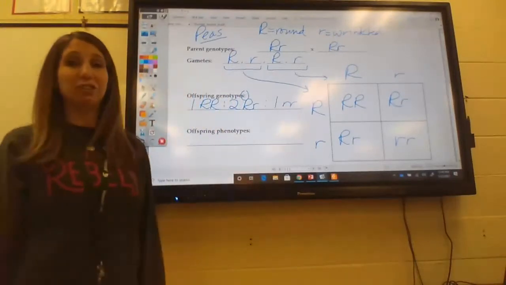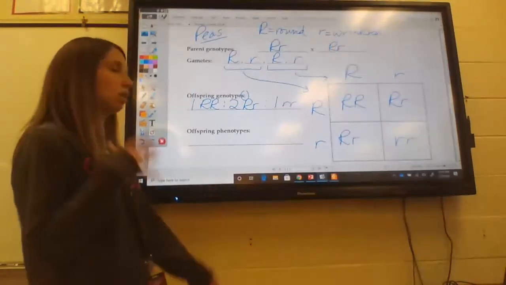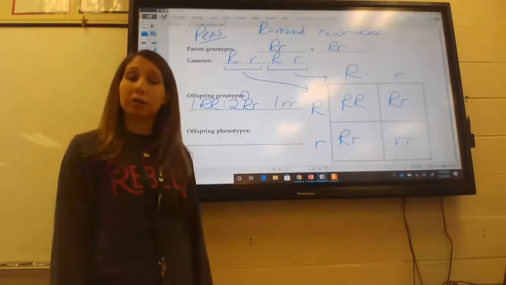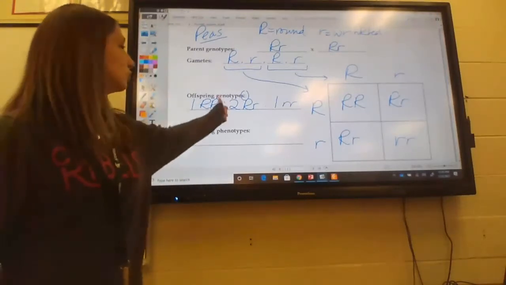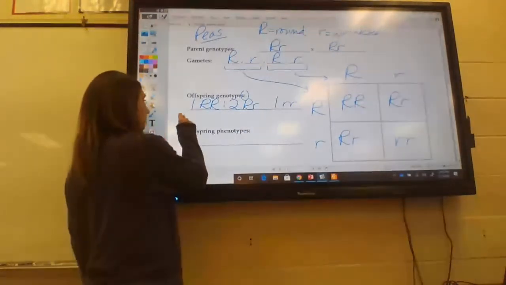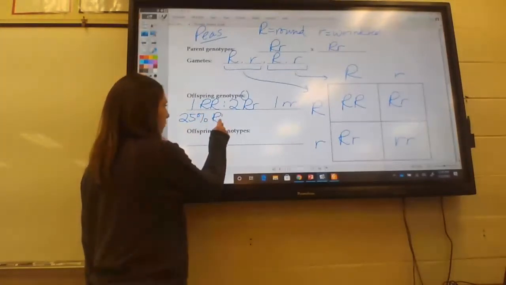So that's what we call a genotypic ratio, okay? It helps us to compare all of these items at the same time and side by side by side. There are other ways we can write this. You can write them as a fraction and say 1/4 and 2/4 or 1/2 and 1/4. Or the way that I generally like to do it is in the form of a percentage. And I'm going to write it that way for you too.